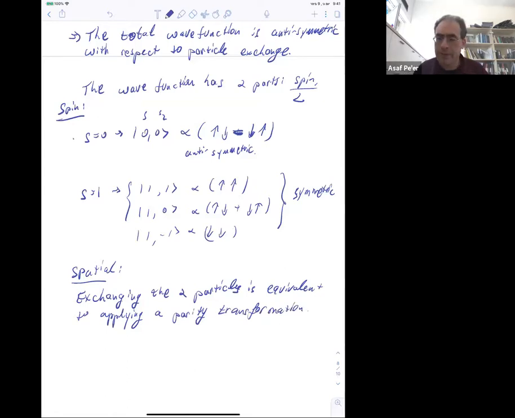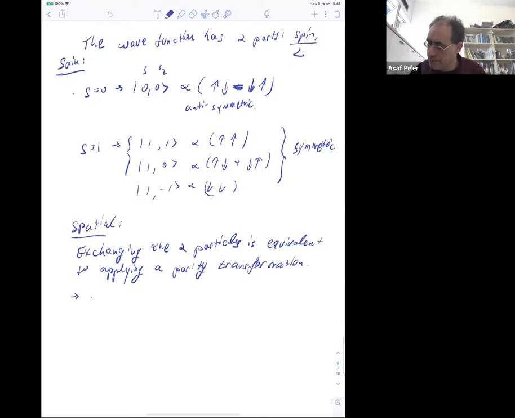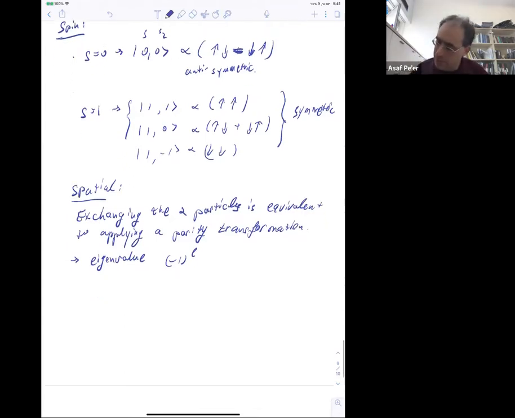When I apply a parity transformation, the eigenvalue under the exchange is (-1) to the power L. Which means that states with even L are going to be symmetric and states with odd L are going to be antisymmetric. So even L is symmetric, that's fine.